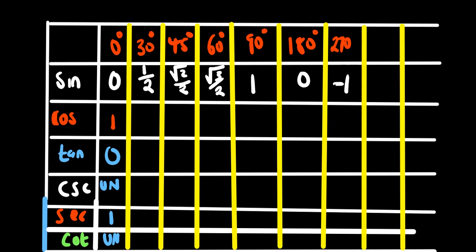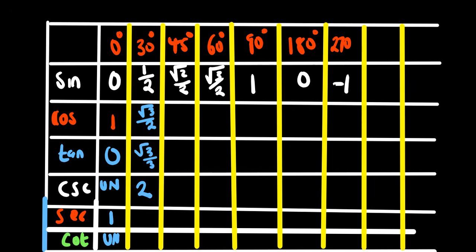Okay, let's come to 30. Cos 30, we've just said it is the square root of 3 over 2. Then tan 30 is the square root of 3 over 3. Then cosec, since cosec is the opposite of sine, the opposite of 1 over 2 is just a 2.